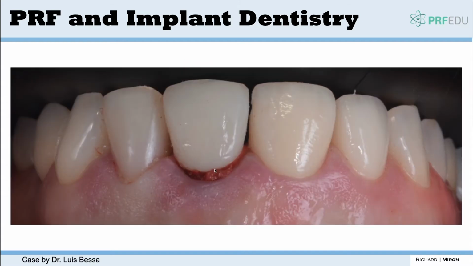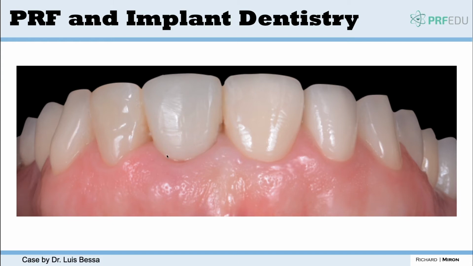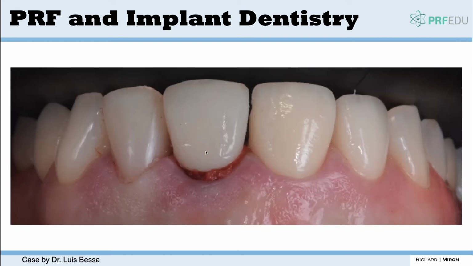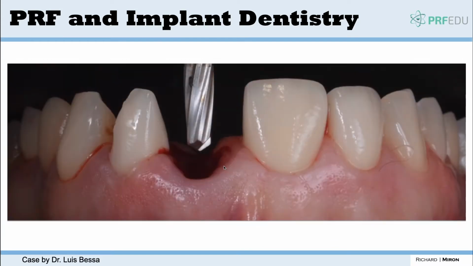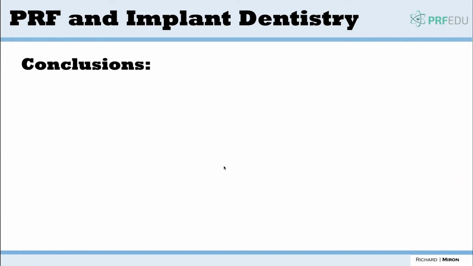And one of the indications, and he's doing research on this topic, he's been utilizing PRF here for basically tucking it in to prevent these recessions or even to improve the recessions. Okay, so these are nice cases here. And like I said, if we go back on some of these slides and we look originally, look at where the initial is, and then look at the improvement that he's observed. Okay, so very, very nice outcome there.